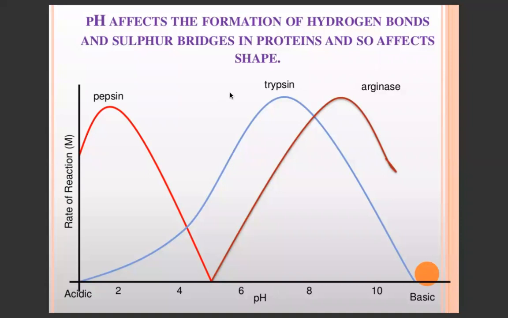In some books, pepsin has a pH value of 1.4 and in some it is almost 2. They will give you options like 1.5 or 2.5, so you have to choose the value which is near to 2.